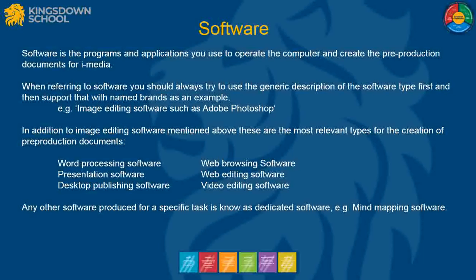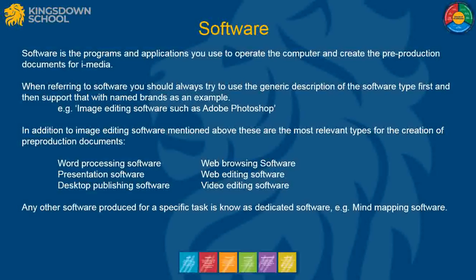In addition to the image editing software, I would suggest you take a look at the others below here. So we've got word processing software, presentation software, desktop publishing software, web browsing software, web editing software, and video editing software.